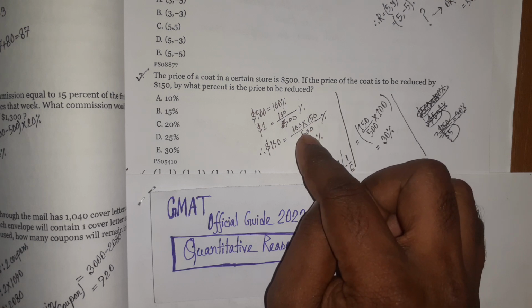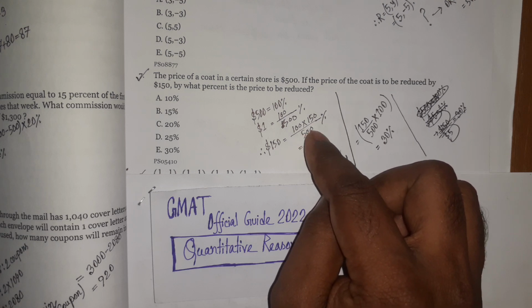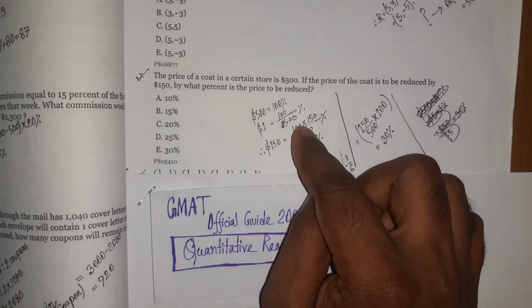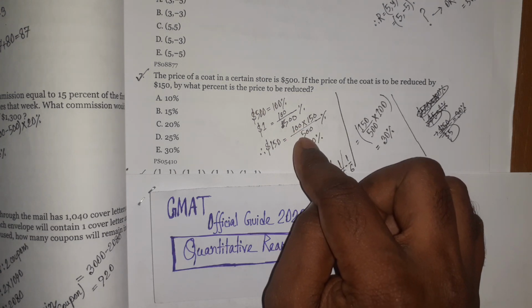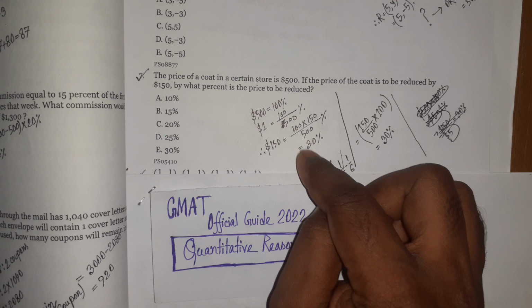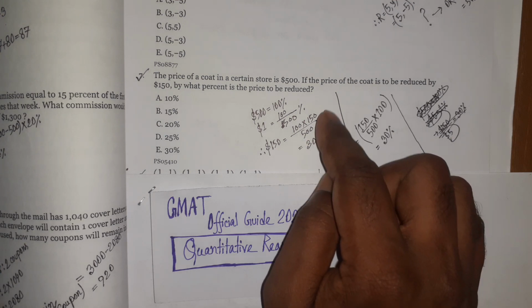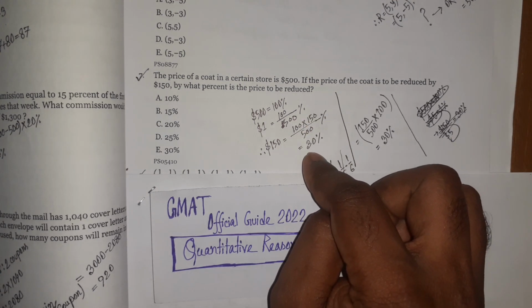So we can cut off the zeros, and we easily get 30% to calculate this math.